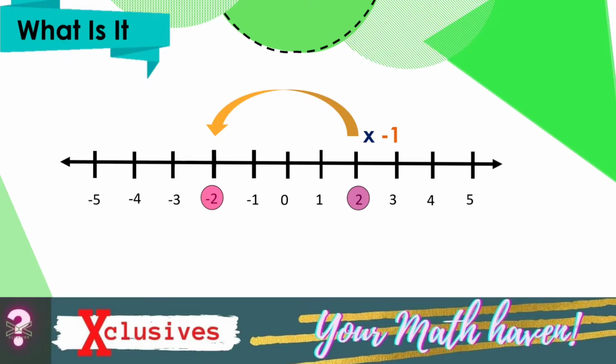So, negative 1 times positive 2 is negative 2. Now, if we multiply negative 1 to negative 2, it will switch to its opposite, which is positive. So, negative 1 times negative 2 is positive 2.